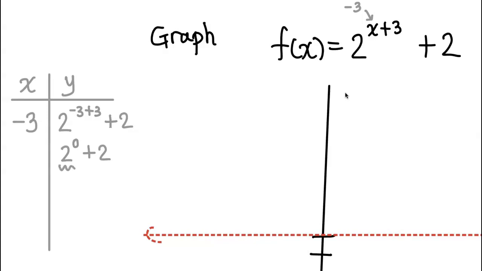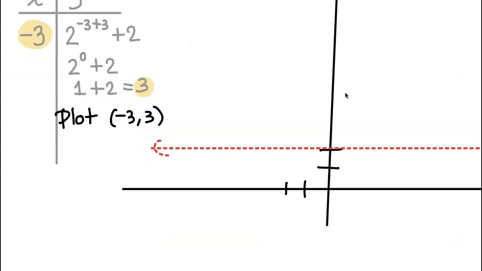Anything to the 0 power is just 1. So we're looking at 1 plus 2, which is 3. So when we plug in negative 3, we get 3 out. So we will be plotting our first dot at negative 3, 3. I'm going to go 3 to the left, 1, 2, 3, go up 3, 1, 2, 3, and plot the first point right here.